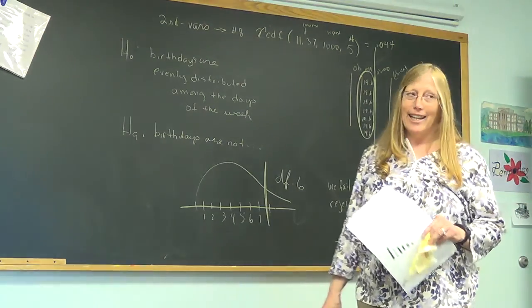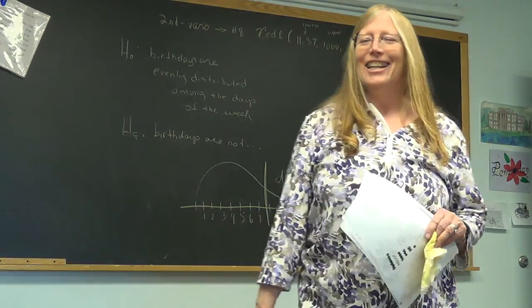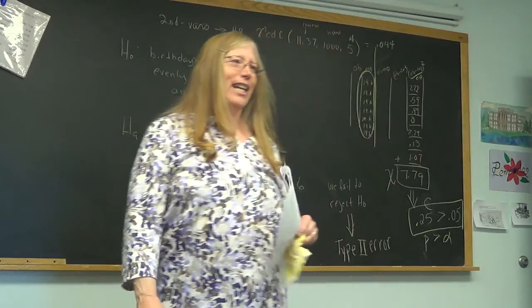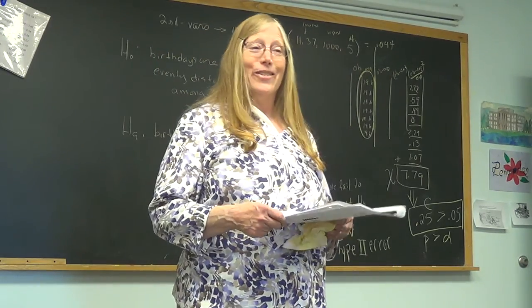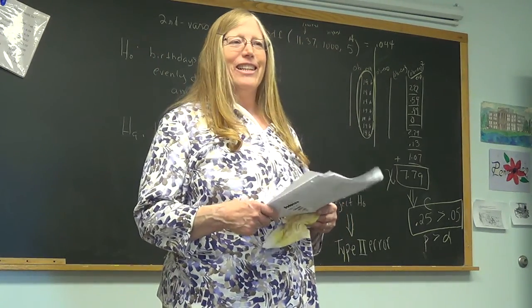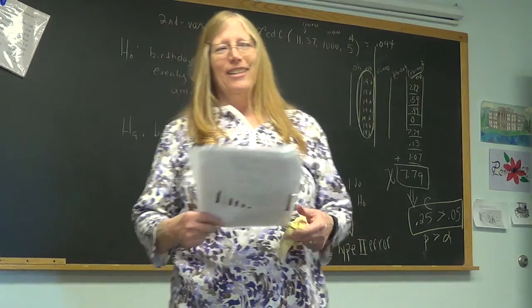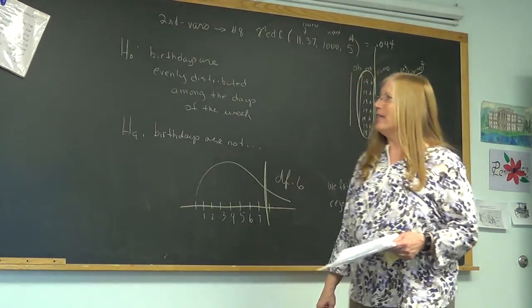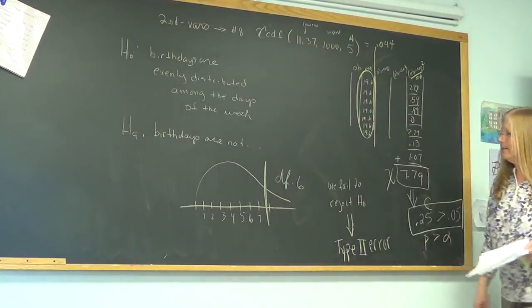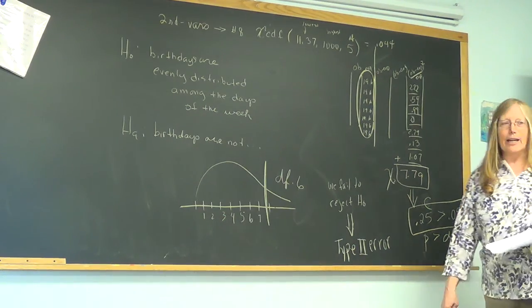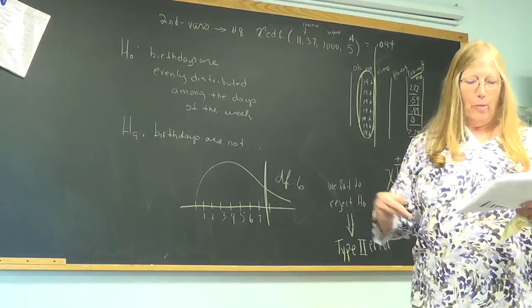There's a lot less on Saturday and Sunday because no doctor will come in on Saturday and Sunday and schedule a birth. So we did make a type 2 error, but you wouldn't know that from our work.